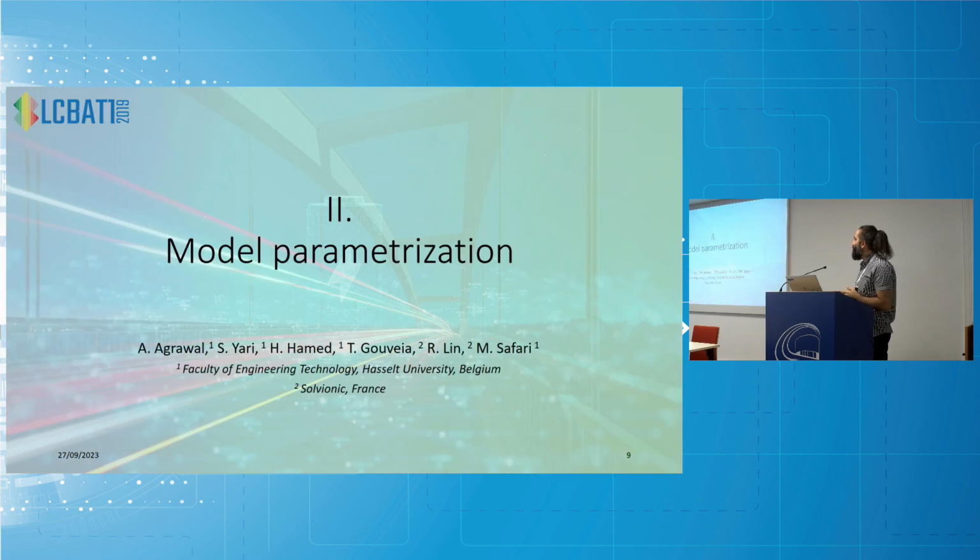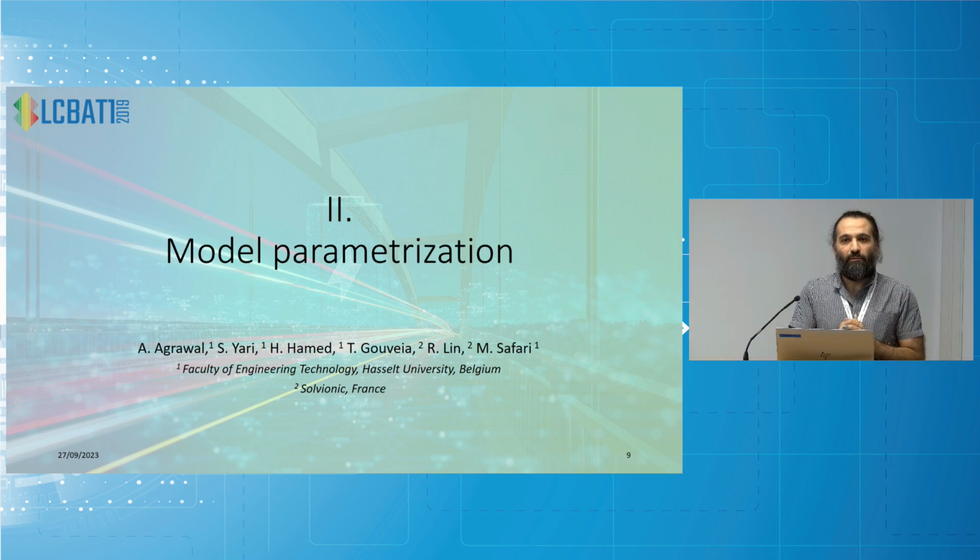The second part, which is more related to the work done in my team, is about how, when you have models, you can really measure some parameters directly or indirectly by coupling the models to experiments, so that you can have some access to the parameters which are difficult to measure directly.